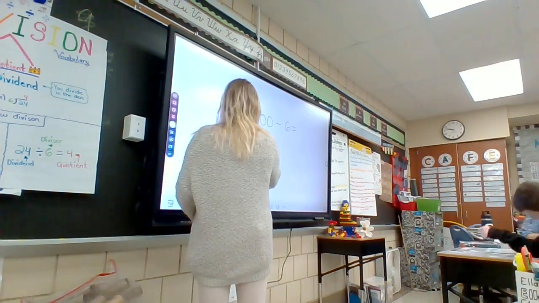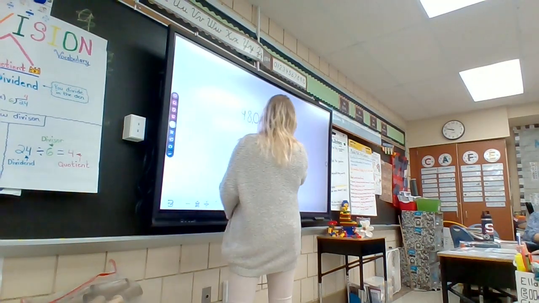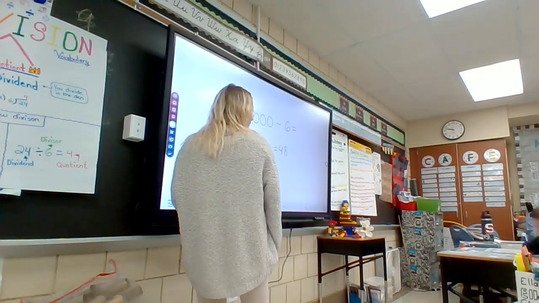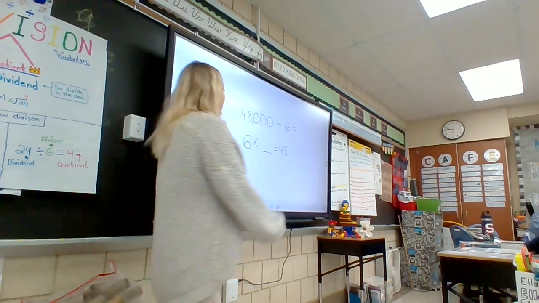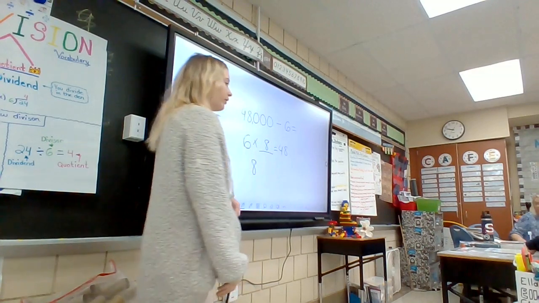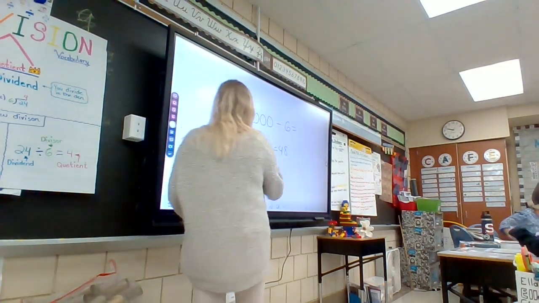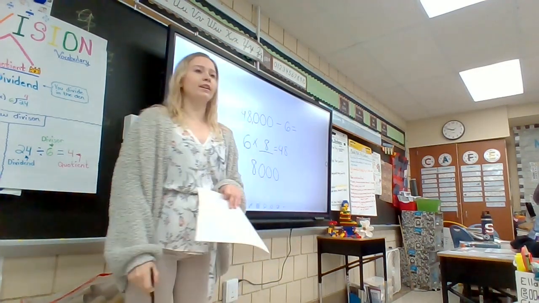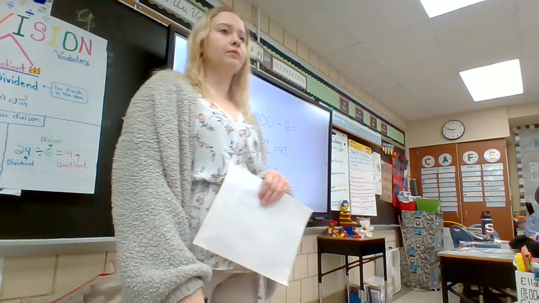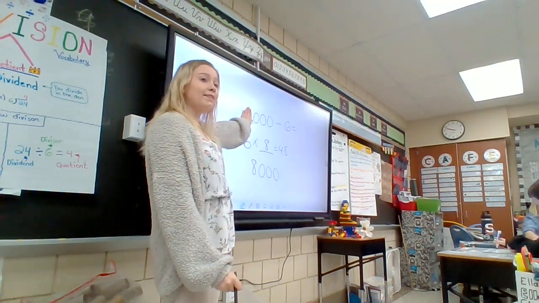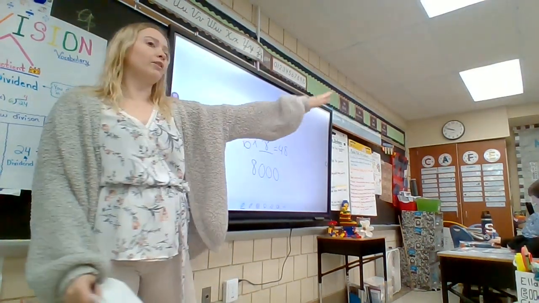So you did 6 times something gave me that 48, right? What was that? 6 times 8. So you knew to write the 8, and then what did you do? Add 3 zeros. And then you wrote 3 zeros. Perfect. So that's not always gonna work. It worked out this time, but not always. So don't rely on that.